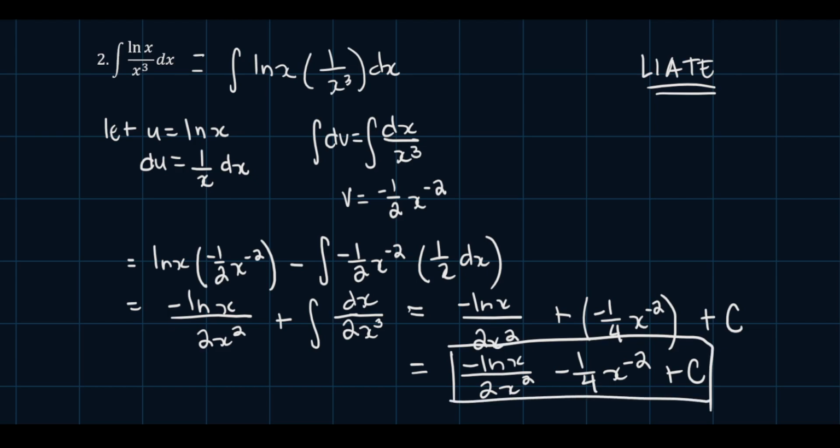By the way, pwede nyo pa ito i-simplify, pero okay na rin naman na ganito na lang isulat natin para rin mas clear yung process ng integration by parts natin. I know in some cases, we may have to apply this technique more than once in order to get the antiderivative.